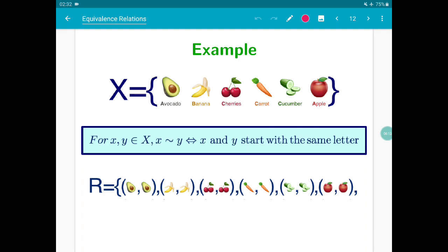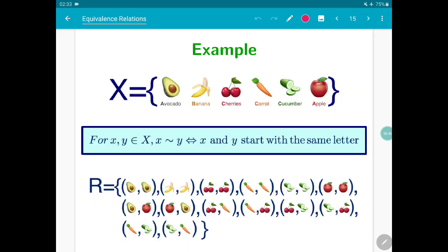Taking avocado as the first coordinate, the only other fruit that starts with the same letter is the apple, so we put (avocado, apple). But if we put (avocado, apple), we also have to put (apple, avocado), because the relation is independent of the order. But keep in mind that since this is a subset of the Cartesian product, the order matters. Then we put, of course, (cherries, carrot), (carrot, cherries), and so on.